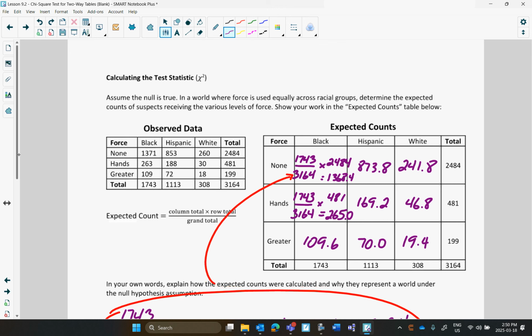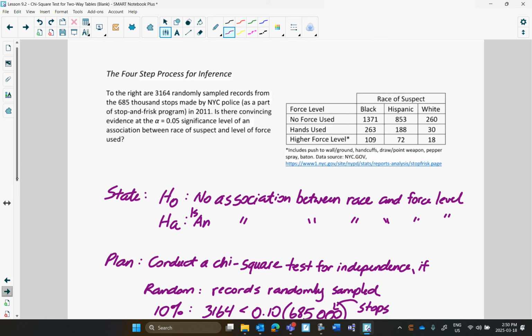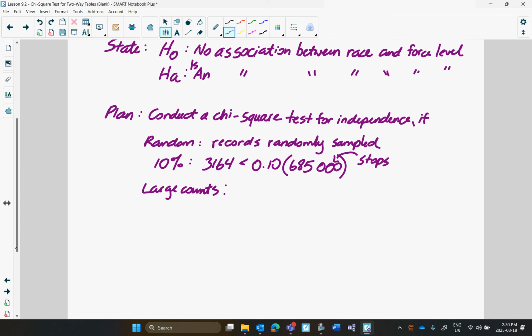So if you look at all these, I'm just going to simply say all 9 expected counts are greater than or equal to 5. Remember, when it's chi-squared, 5. When it's proportions, 10.